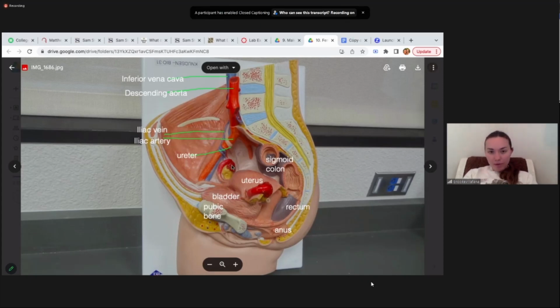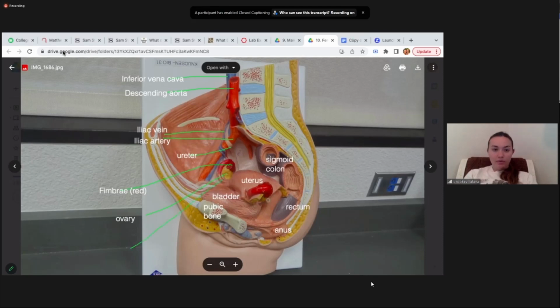So the fimbriae are going to be these little red finger-like structures. Fimbriae are the red. And then the ovary is the little yellow ball below it. So there's 2 fimbriae, 2 ovaries. And then we have our fallopian tube, which connects to the fimbriae here.